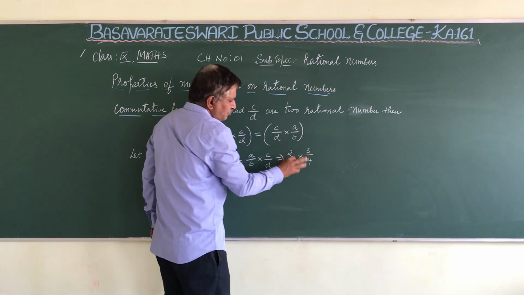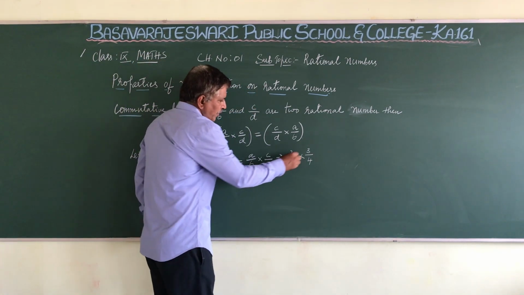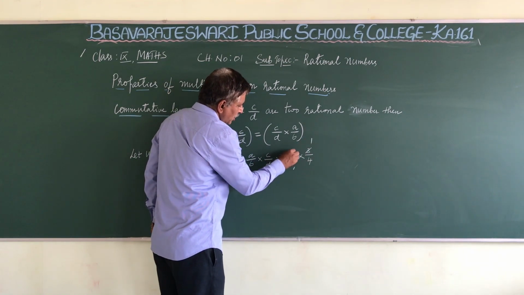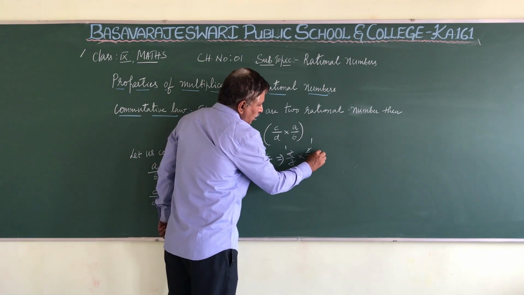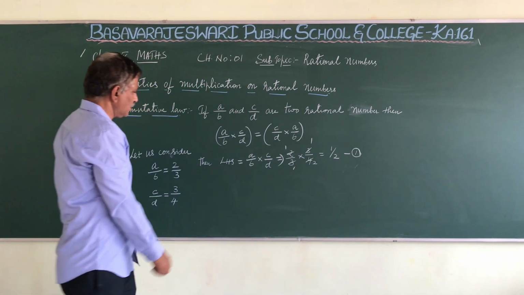If there is a possibility of simplification, simplify it, otherwise you can multiply and then simplify. 3 ones are 3, 2 ones are 2, twos are 4, so which is equal to 1/2. Let it be equation 1.